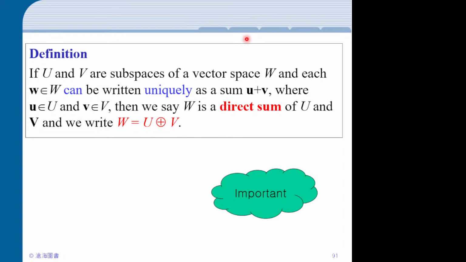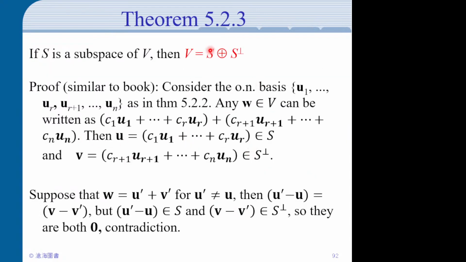Then you can find this u and v really easily. u is just the projection onto S, and v will be the projection onto S perpendicular. Then you need to show that the projection is unique, but it's not too hard.